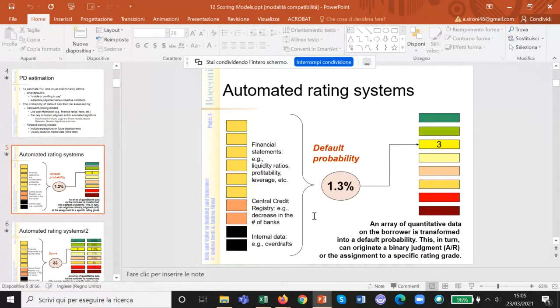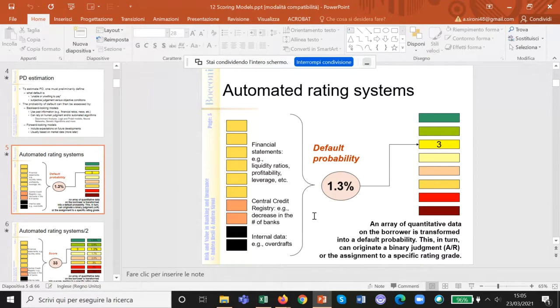Now, just to give you an idea of how scoring models work, they can be used in two alternative ways. One is you can use as input financial statements data. Think about, for example, profitability ratios, leverage, liquidity ratios, and so on.